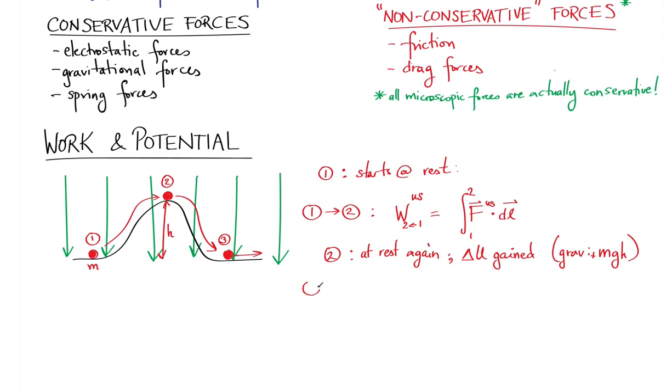And now when we let it go from 2 to 3, let's say it just barely makes it up, we just get it to the top of the hill. It has almost no kinetic energy, just a teeny little bit, but then it starts to roll off the edge again.